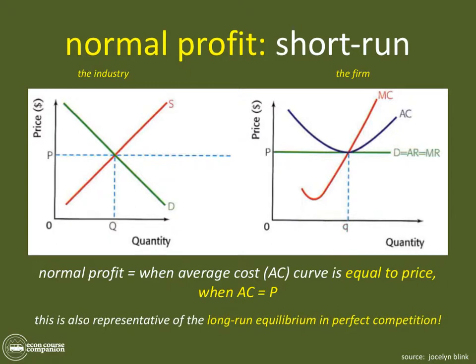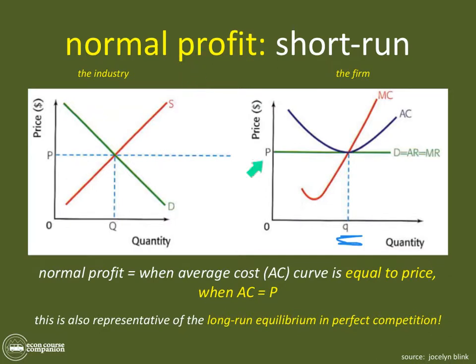And this quantity for us is very important because it is this Q where the firm knows that it has the biggest chance of maximizing its profit. It's known as the profit maximizing level of output. And that output level will give them the best chance of making profit. Now, in this case, we've been asked for normal profit.